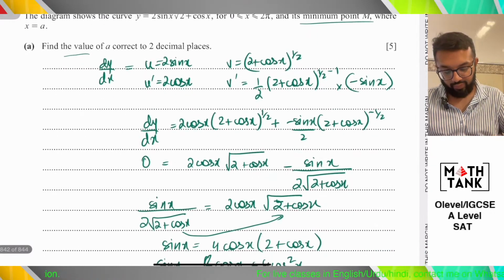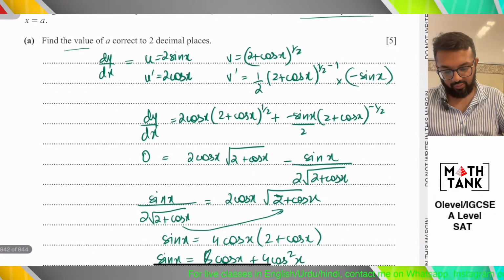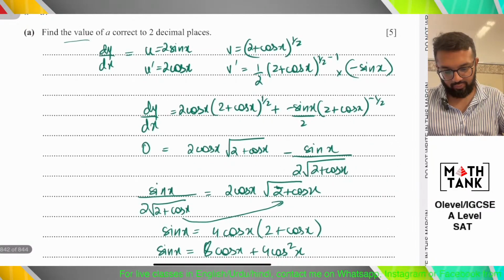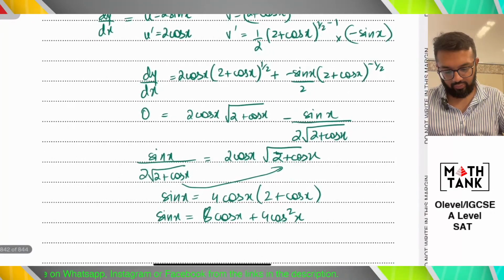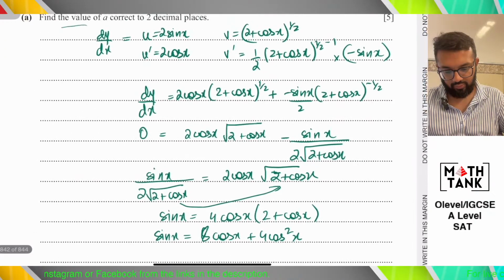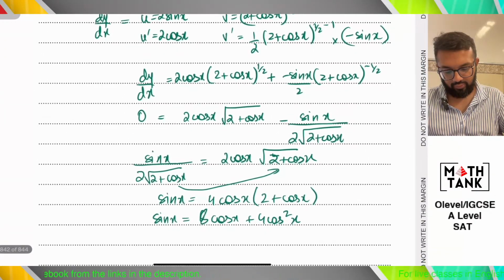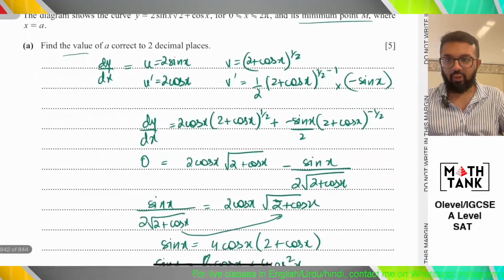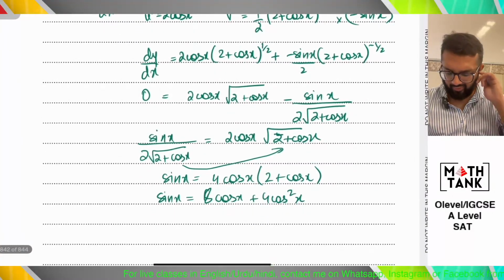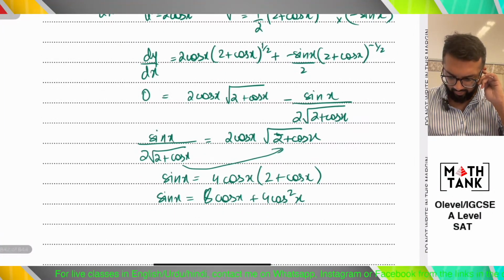Let me check if I've done everything correctly. I have both sin x and cos x in the same equation. That's a little odd.